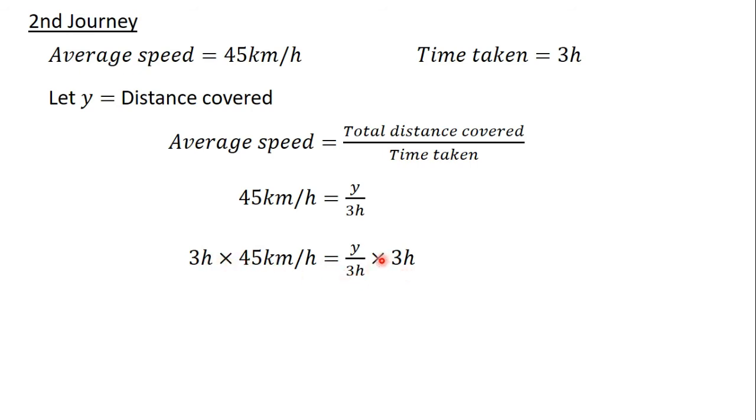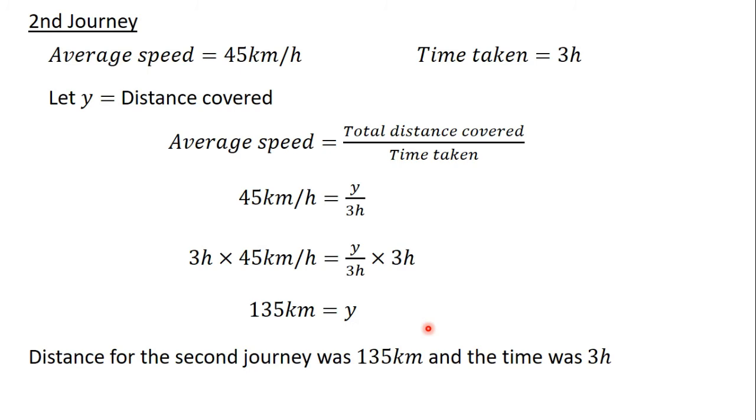So 3 hours and 3 hours cancel each other out. 3 hours times 45 kilometers per hour gives us 135 kilometers, because 3 times 45 is 135. Hours times kilometers per hour gives us kilometers. So y is equal to 135 kilometers.